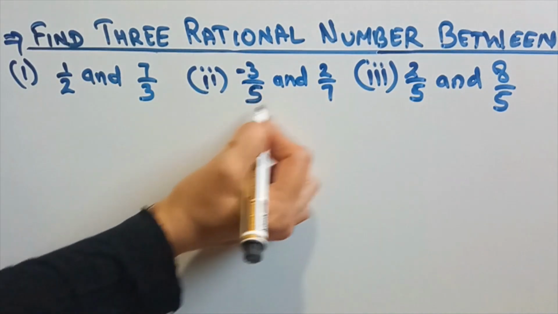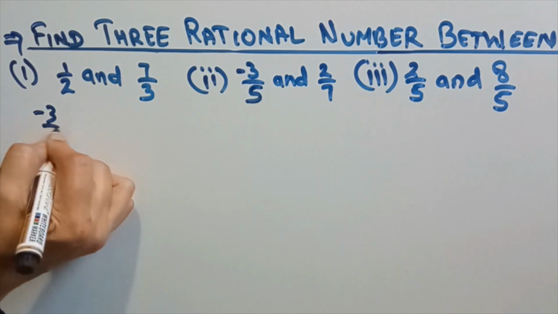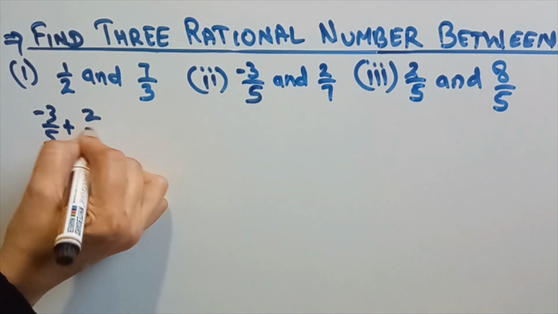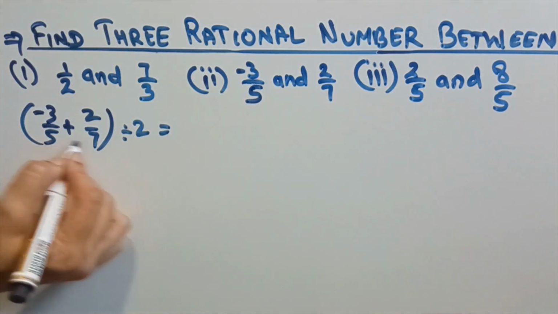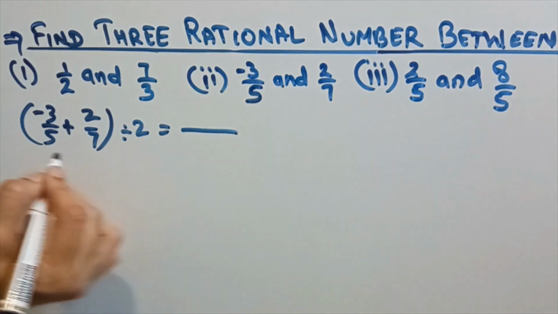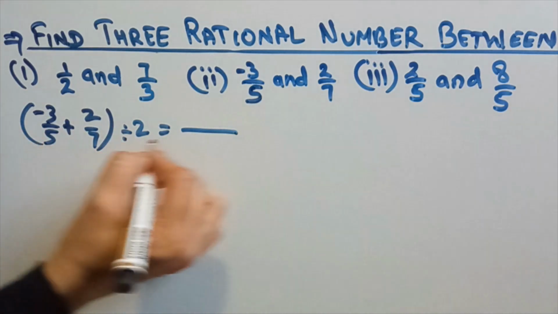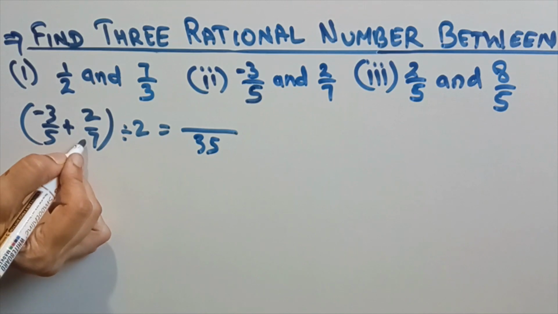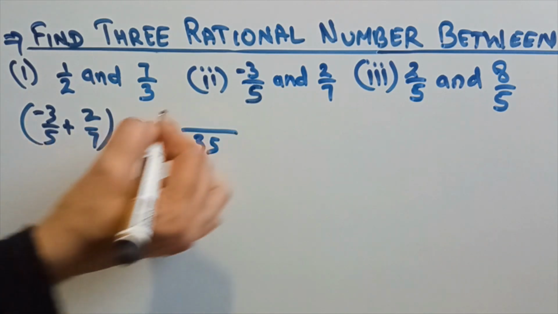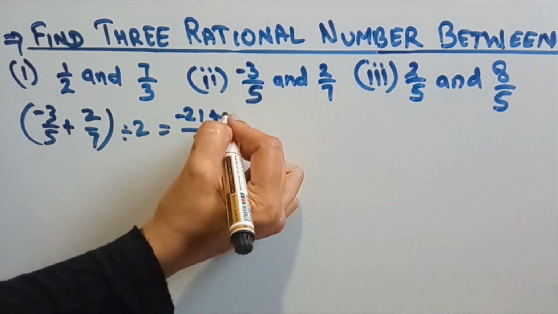Now the second one, we'll add these two numbers and we'll divide by 2. Minus 3 by 5 plus 2 by 7 divided by 2 is equal to, 5 sevens are 35. Because these two are prime numbers, nothing is common. So I am directly multiplying, 35, minus 3 into 7. 3 sevens are 21, minus 21, plus 5 twos are 10.